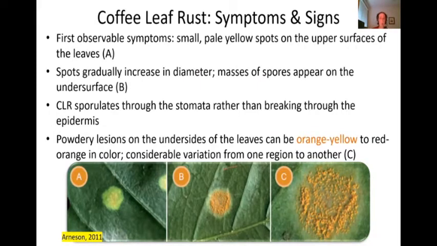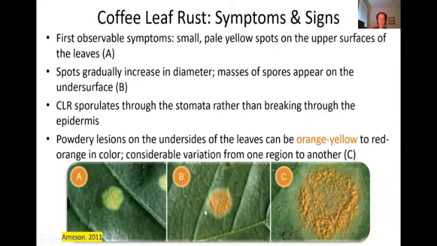Okay, so in A, this is the first symptom on the leaf. Again, the fungus is essentially taking nutrients away from the plant. So chlorosis, small chlorotic spots are the first visible symptom, usually on the upper portion of the leaf.